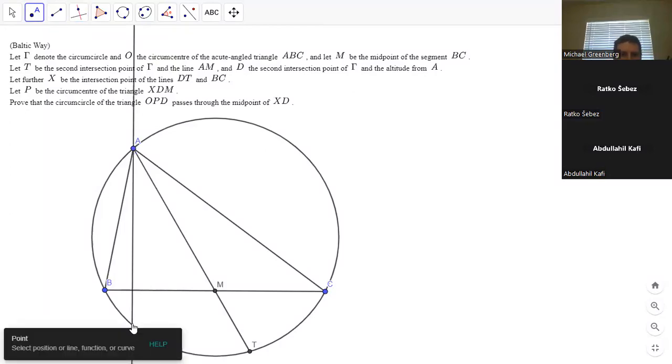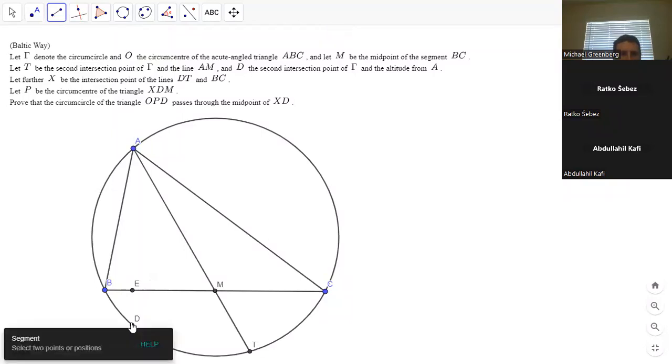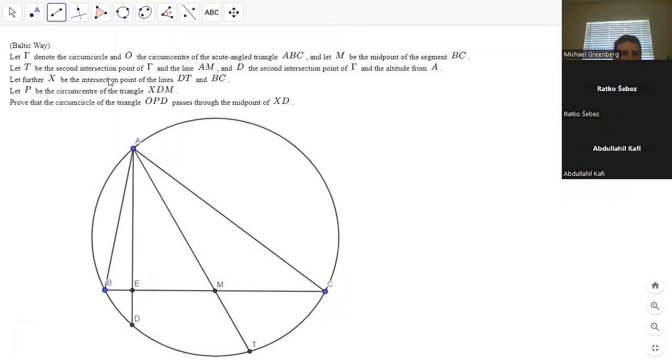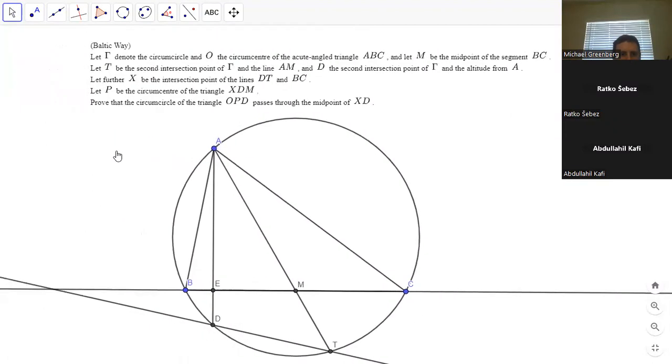Okay, so if we reflect it, we should get the orthocenter. And X is the intersection of DT and BC. That should be X. T is the circumcenter of XDM.